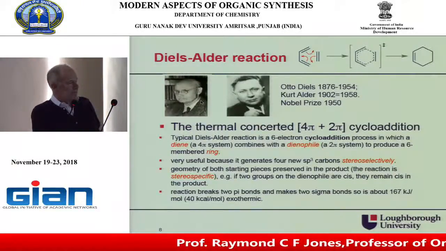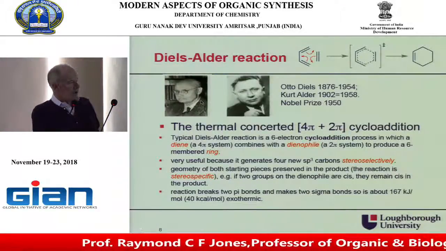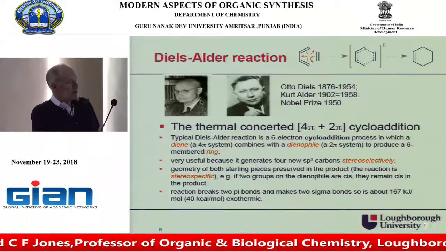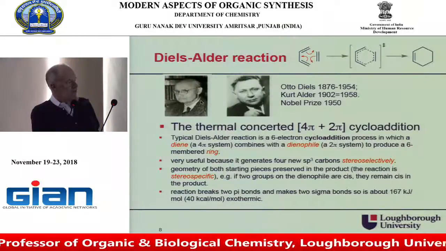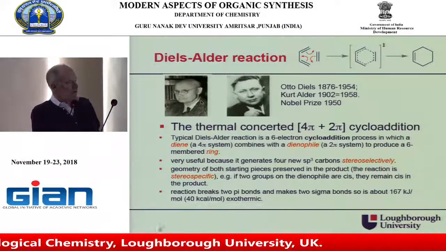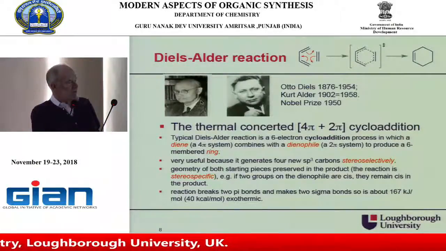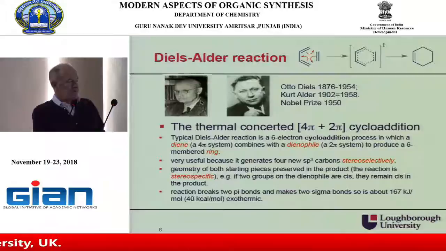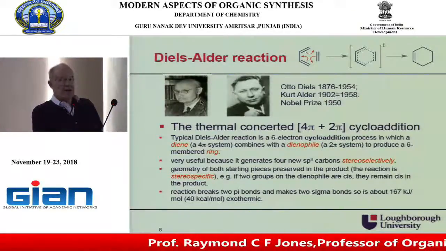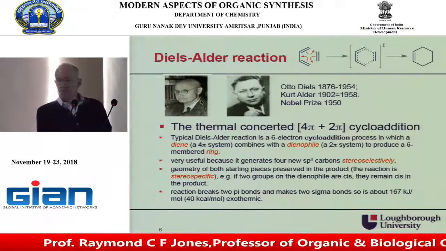Why does this reaction go? Why is it favorable? Because we're breaking 2 pi bonds and making 2 sigma bonds, and that corresponds to an exothermicity of about 167 kilojoules per mole, or 40 kilocalories per mole. So sacrificing 2 pi bonds to make 2 sigma bonds is energetically favorable.